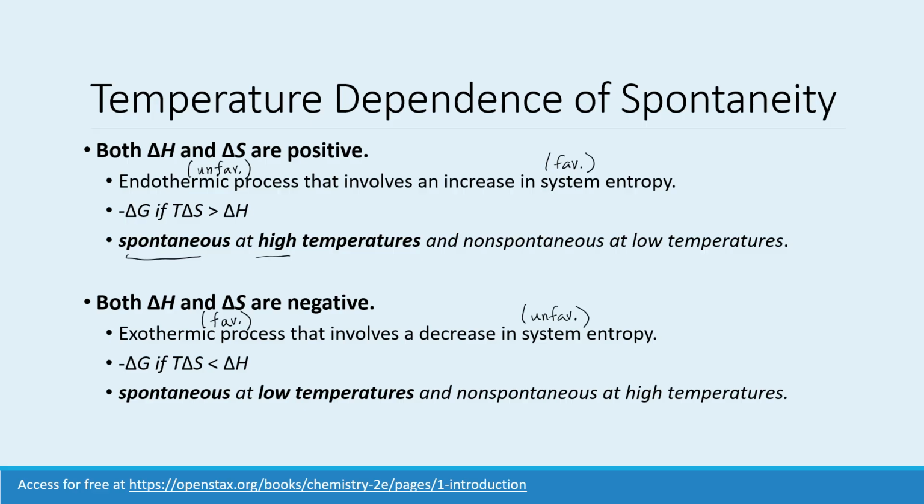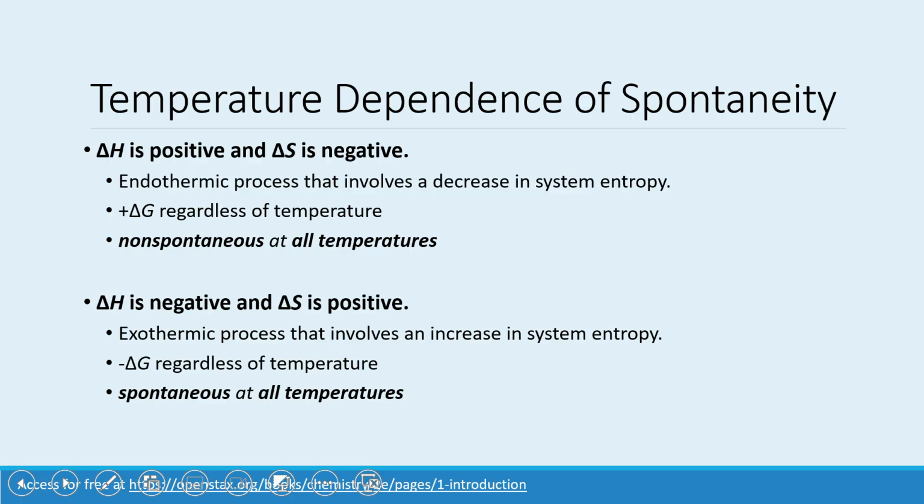Right, so again, kind of opposite here. This time you need the entropy to be less significant in the equation. And so we need that temperature times delta S to be less than your enthalpy. And the way we're going to do that is lower the temperature, right? So spontaneous at low temperatures.